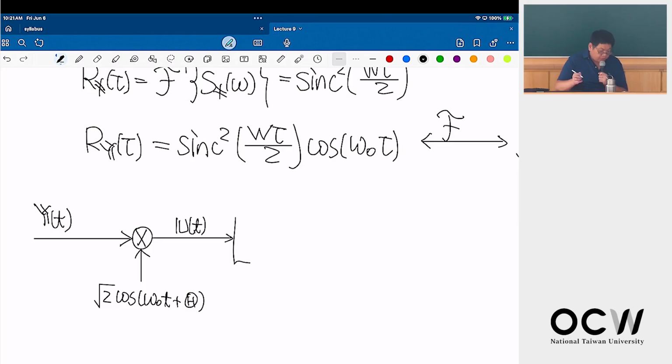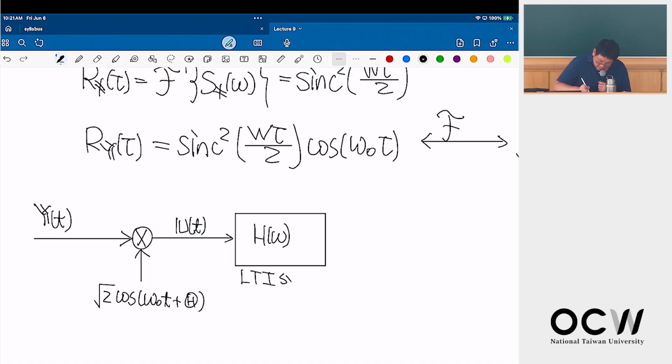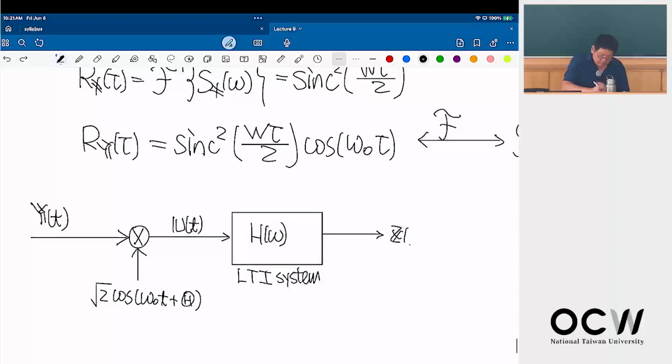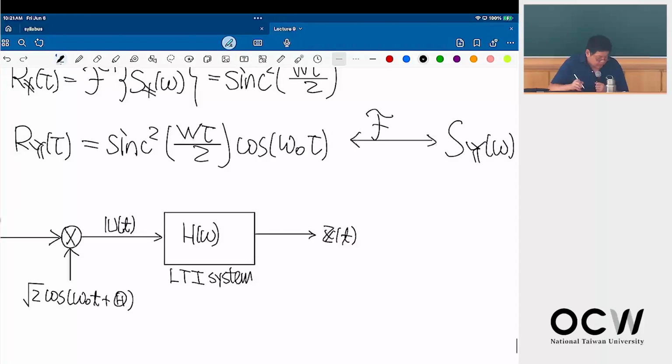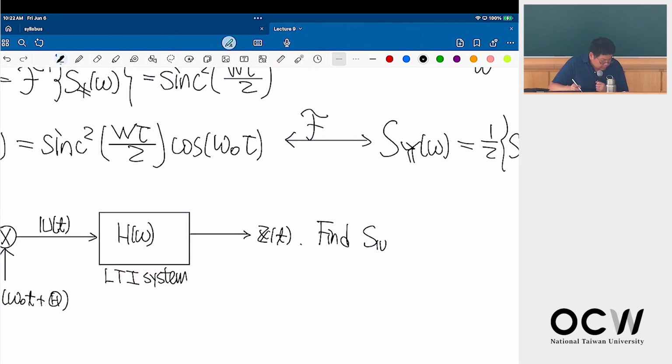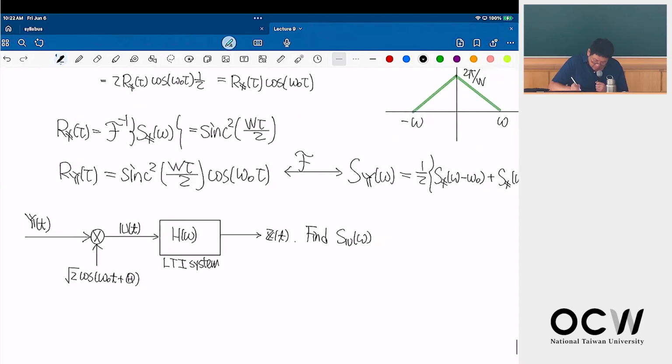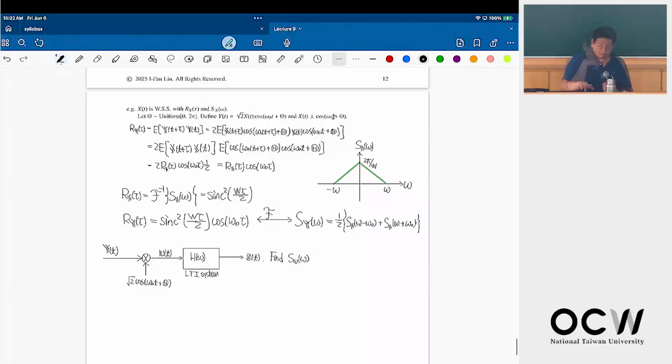And then I send it to an LTI system with the system response. Then my output is z. I want to find the spectrum of u. Well, u will be y times the cosine function.